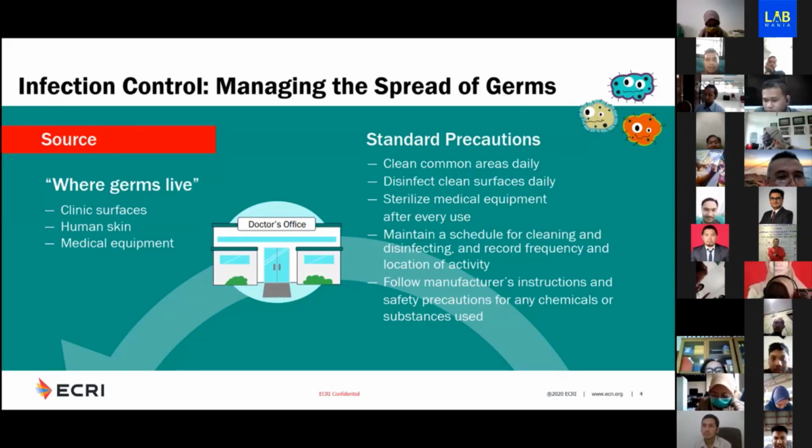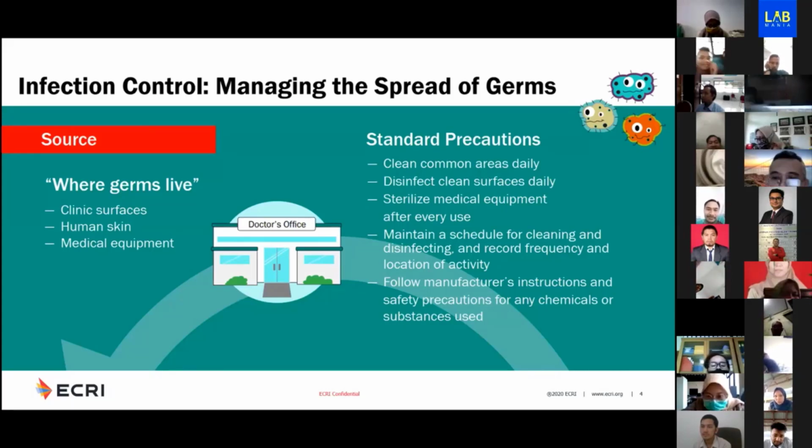And when we talk about precaution, how to prevent for these germs to multiply or grow from these sources, we have provided some very basic method or recommendation. As you can see, cleaning the surfaces daily, disinfecting clean surfaces, and sterilizing medical equipment. And these are the three terms that I will talk a bit more later.